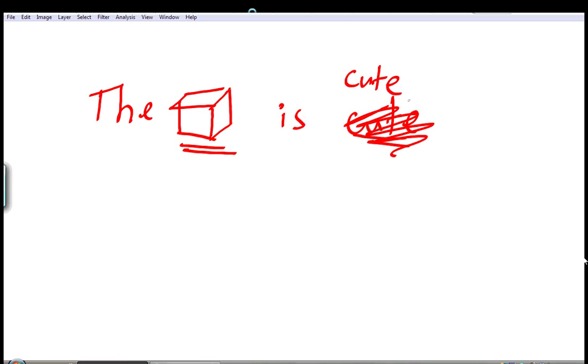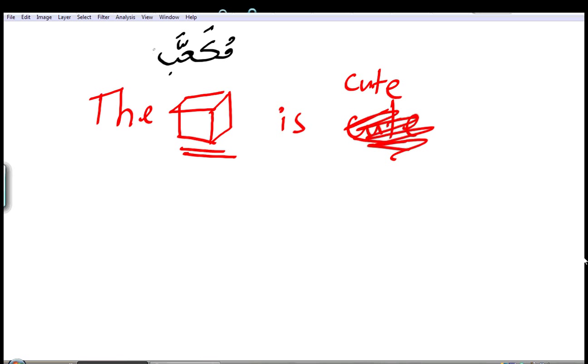Okay. I have a word for cute, but I don't know if it fits. Okay, so the cube is cute. In Arabic cube is muka'ab. And cute, ضعيف.